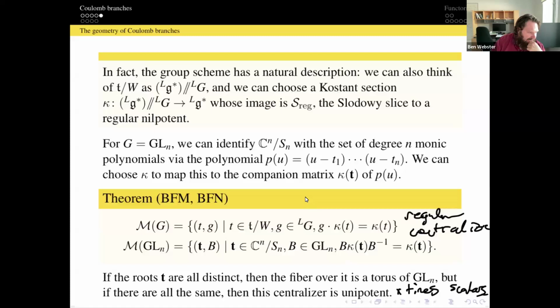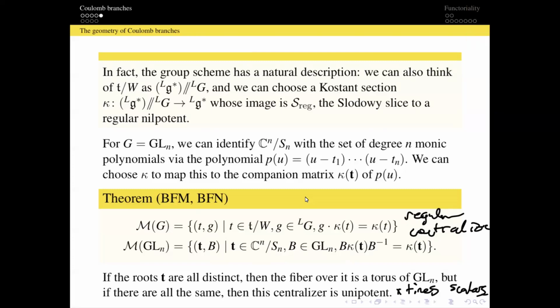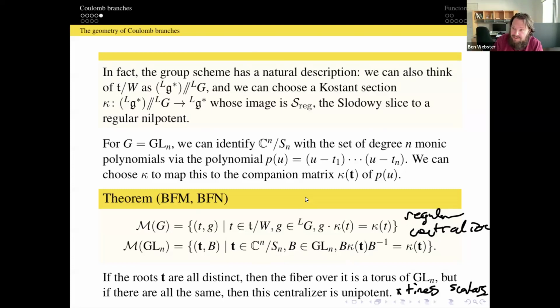Another way to say this is it's the unit group of polynomials mod u, mod P(u). If P has distinct roots, then that's just a product of C stars corresponding to the different roots. Whereas if some of the roots start colliding, then you get unipotent elements in that unit group.